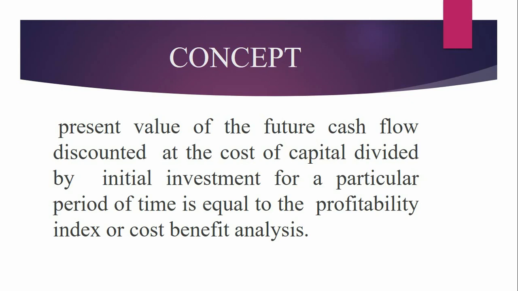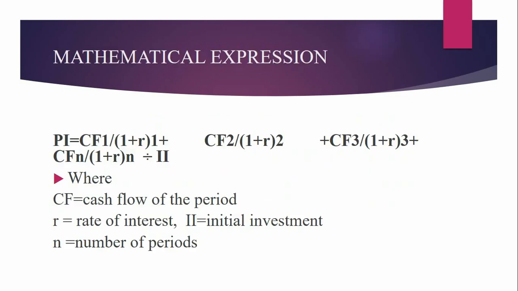Here, the present value of the future cash flow discounted at the cost of capital is divided by the initial investment for a particular period of time, and the result is the profitability index or cost benefit analysis. This is the most commonly used technique for the financial analyst.